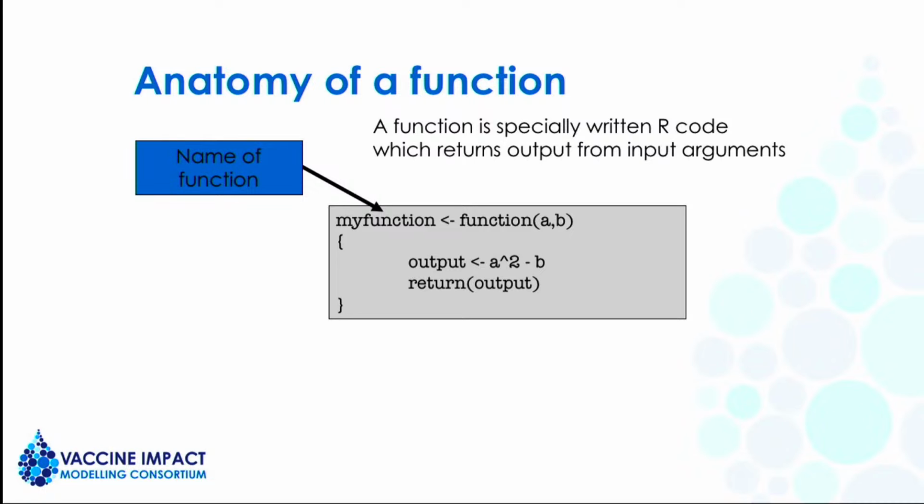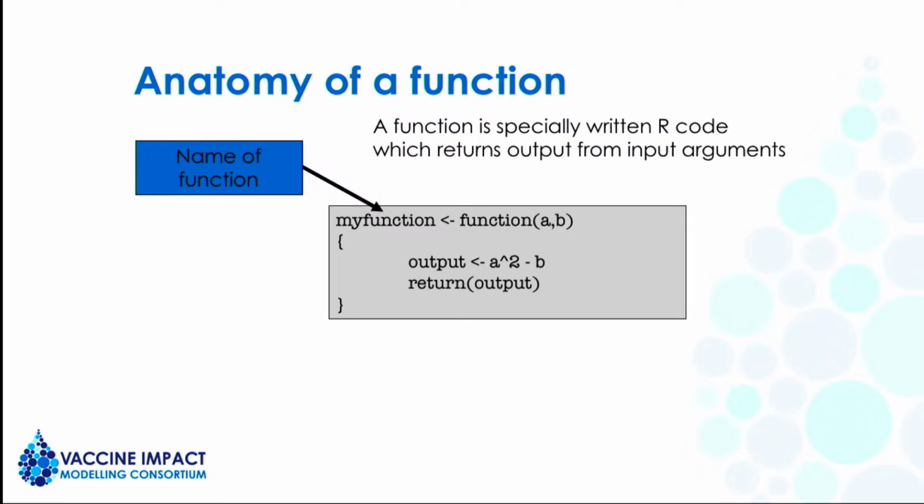We then have the assignment operator, and then the keyword function, which tells R: the next piece of text that I see, I'm going to make into a special object in R called a function. And that function is going to expect two arguments, which I, the R program, am going to call A and B. The user can call them whatever they like, but within the function, they're going to be referred to as A and B.